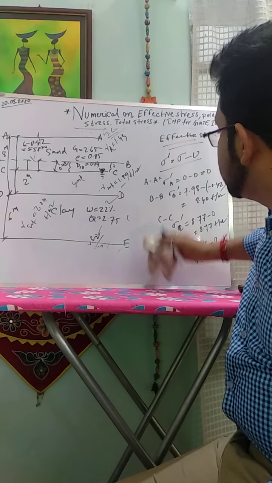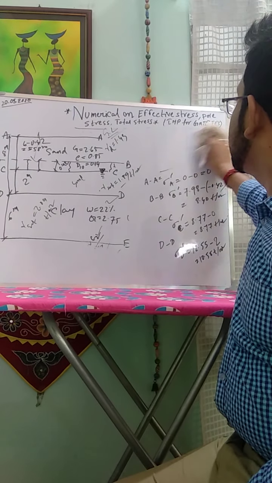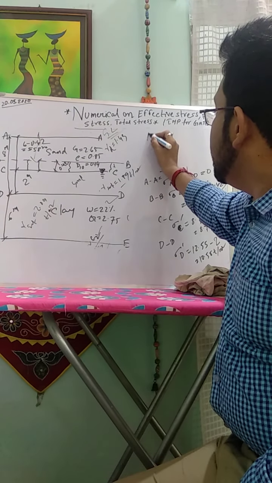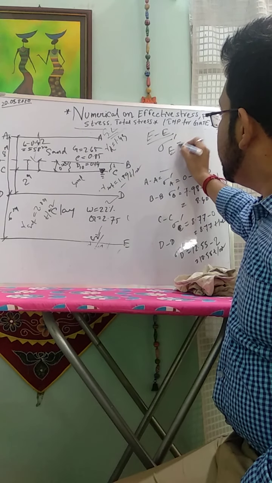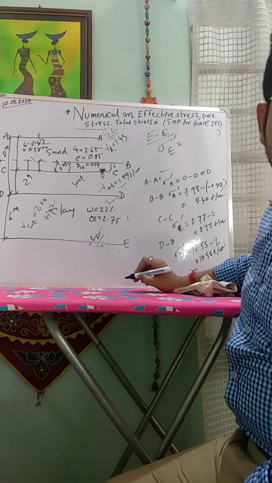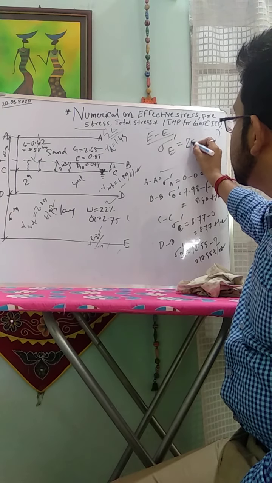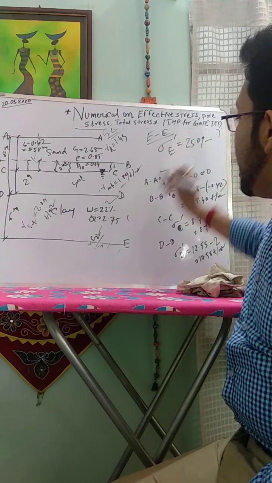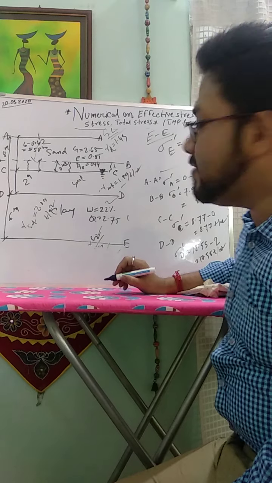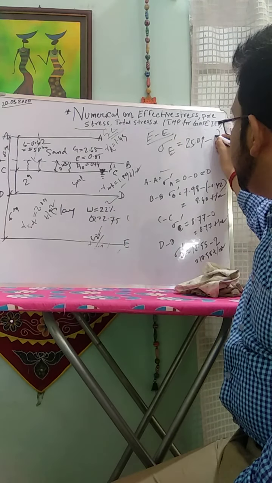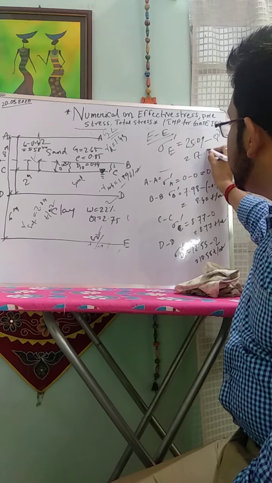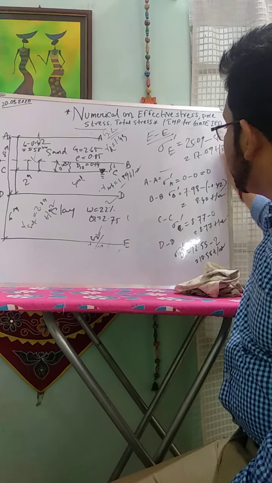Now at EE, effective stress: total stress at E, that is 25.09, and pore water stress at E, 2 plus 6, 8 into 1, that is 8, so it is 17.09 ton per meter square.